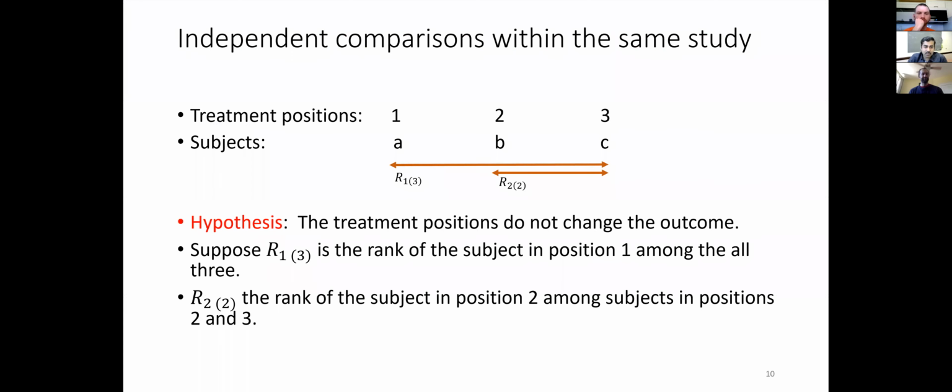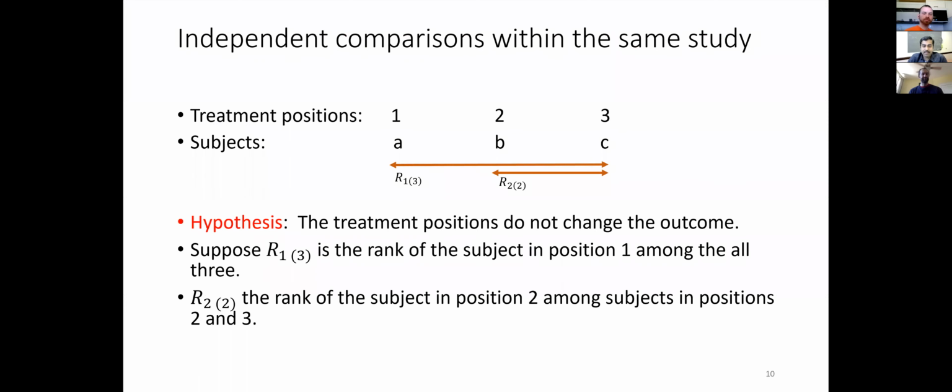That's the null hypothesis. So consider 2 comparisons, which I am denoting by R1(3) and R2(2). The first one is the rank of the subject in treatment position 1 among all the 3 subjects. So if the outcomes don't have any ties, R1(3) is going to be either 1 or 2 or 3.